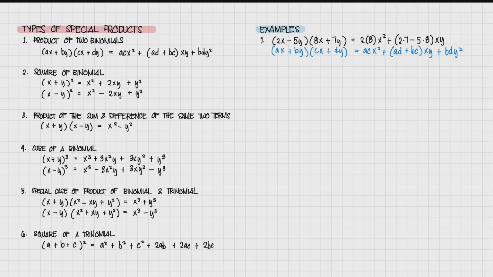And then we have BD y squared. B is negative 5 and D is 7, so this is negative 35 y squared.